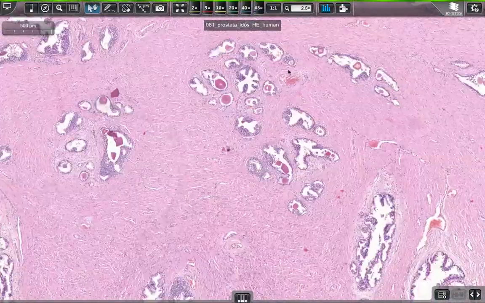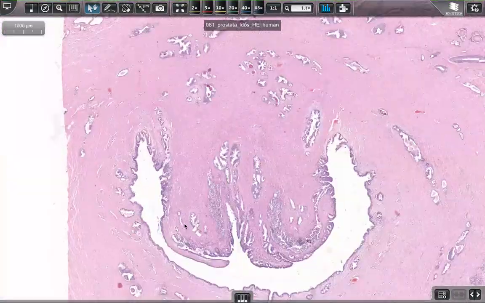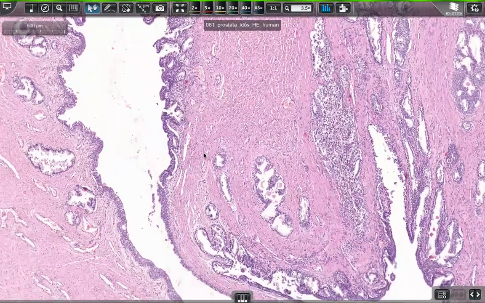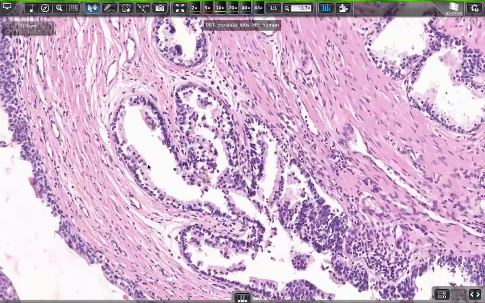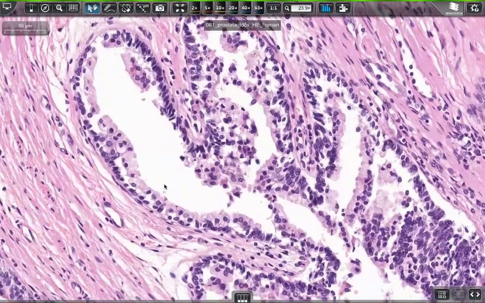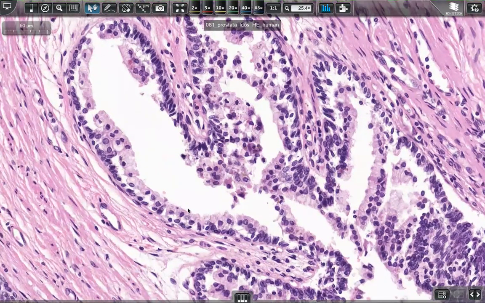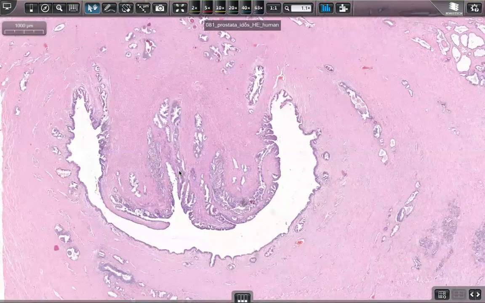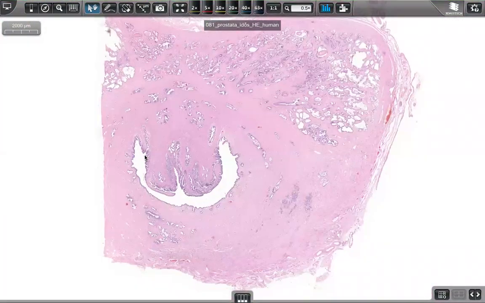And these are the submucosal glands, and really close to the surface, we have mucosal glands showing also pseudostratified columnar cells lining these internal type of glands. So we have mucosal, submucosal, and main glands. Mucosal here, submucosal, and these are the main glands.